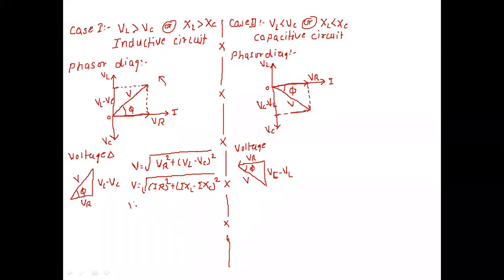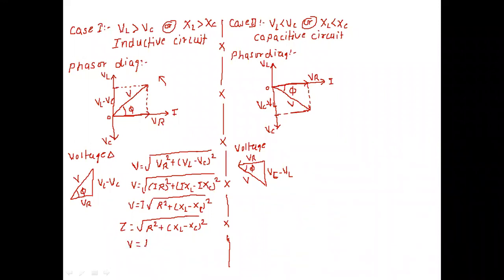When I take the I term common, what remains under root is R square plus (XL minus XC) square, and this under root part represents Z, which is nothing but under root of R square plus (XL minus XC) square. So my formula for total voltage becomes I into Z.